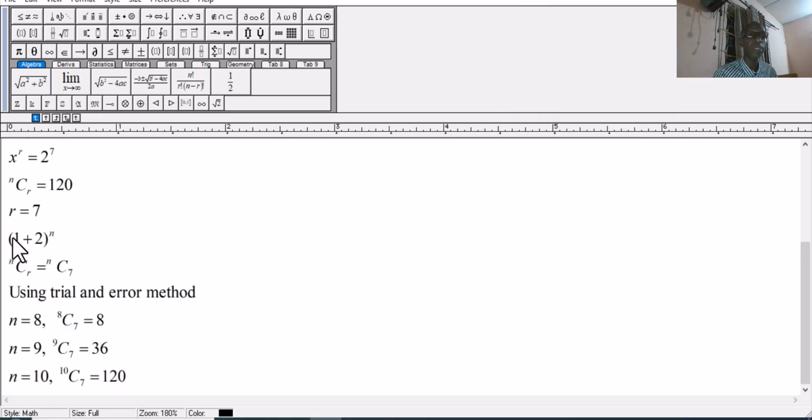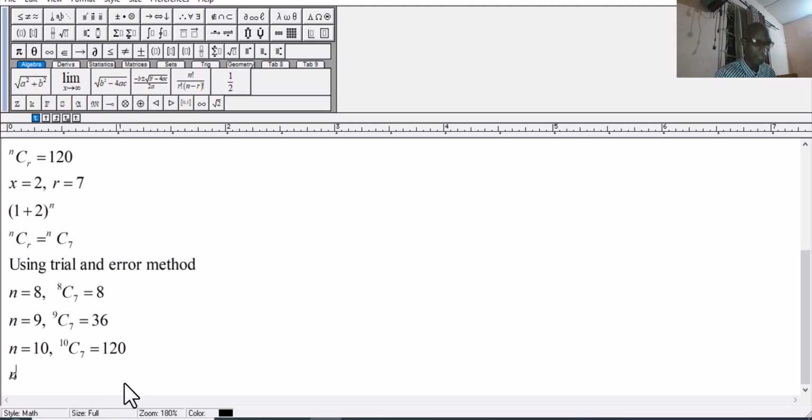So if you compare this, x raised to the power of r, raised to the power of 7, that means our x is equal to 2, our r is equal to 7. So we have this. So our n is equal to 10.